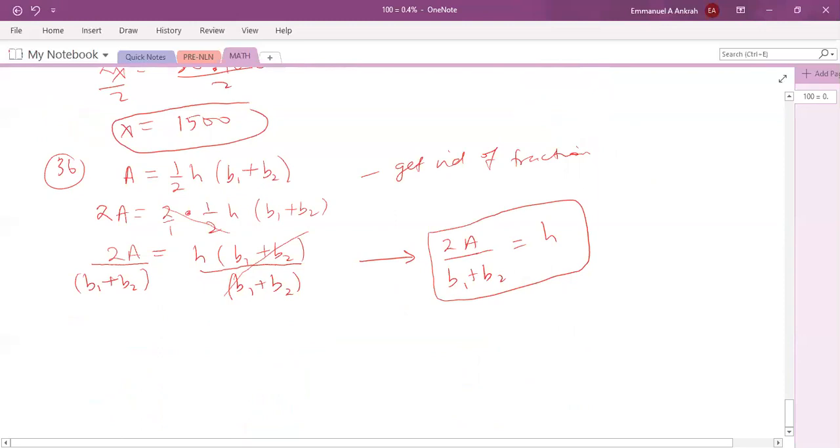Now let me throw in one question here. What if the question said find, so the same thing, I'll make up a problem. So the same thing, have A is equal to 1/2 H, B1 plus B2. Now this time we'll say find B1. We want to find B1.